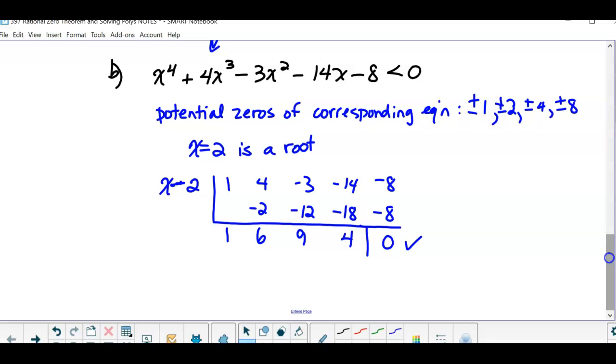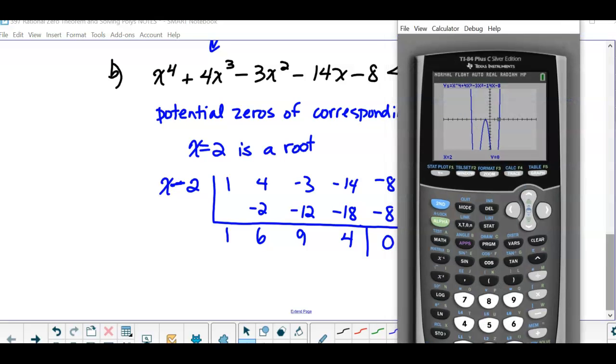Okay, so we got 0, so that's good. So now we've got it down to a cubic. So we still need to factor again. You want to go right from here, you can. Again, looking at your polynomial function there.